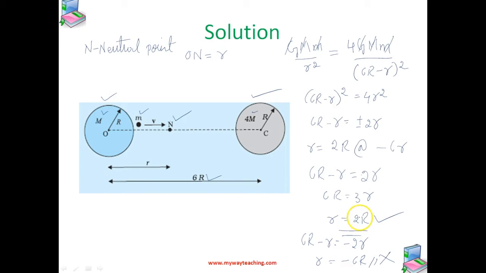It is sufficient to project the particle with a speed which would enable it to reach N. Thereafter, the greater gravitational pull of 4m would suffice.